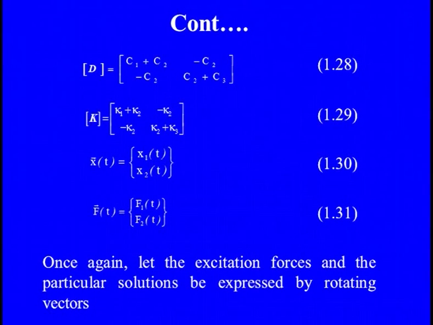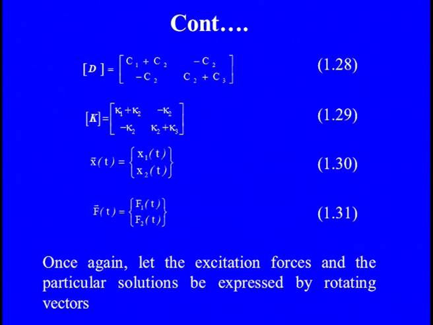Equation 1.28 reflects how the damping varies. For the first element, as you can see in the diagram, M1 is in between C1 and C2, so the damping plays a key role in that.